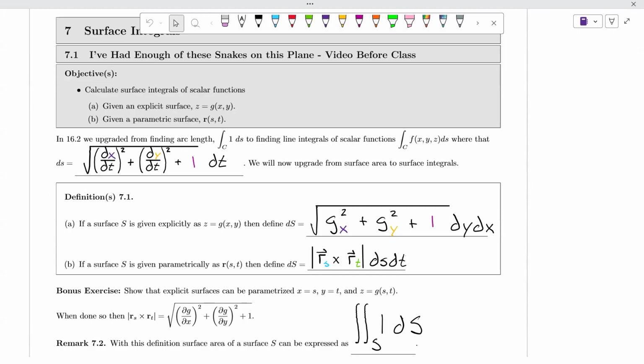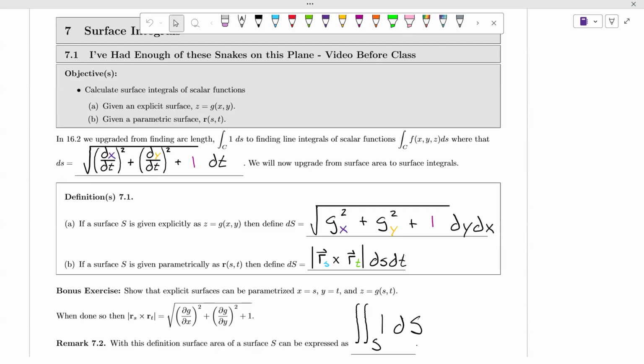We use lowercase s to talk about moving on a curve, and it was just the x derivative squared plus the y derivative squared plus 1, which is like the z derivative squared, but the derivative of z with respect to itself is going to be 1, since that thing is an explicit function, z equals f of x and y. But then we take the square root of that whole thing. And that got us the ds term that we needed for an incremental change along the curve.